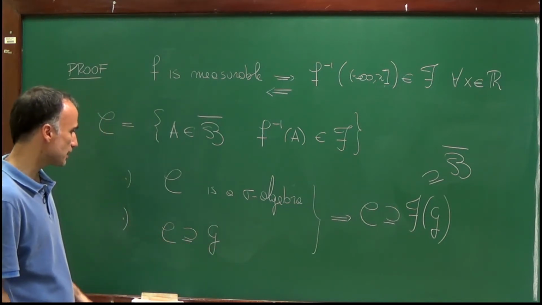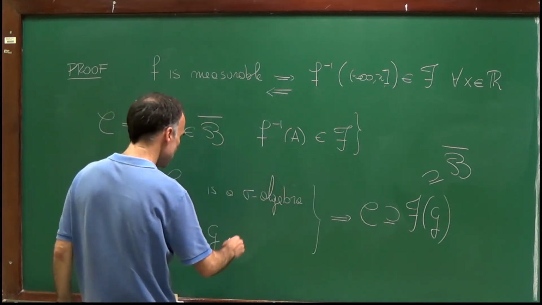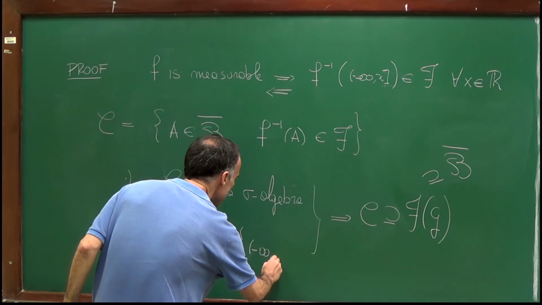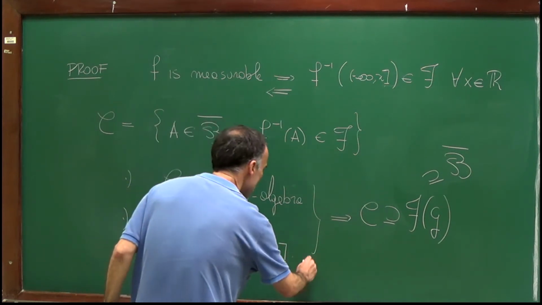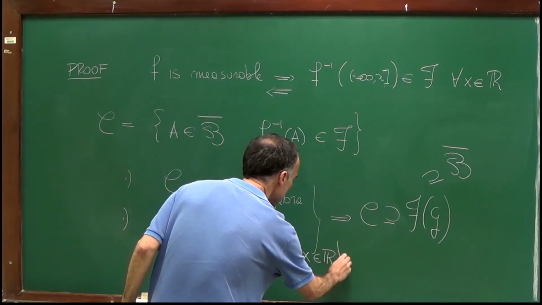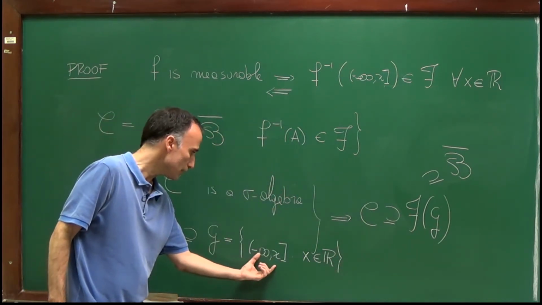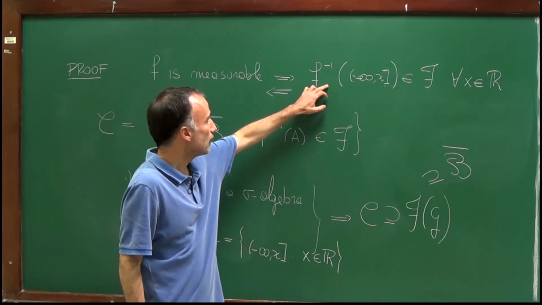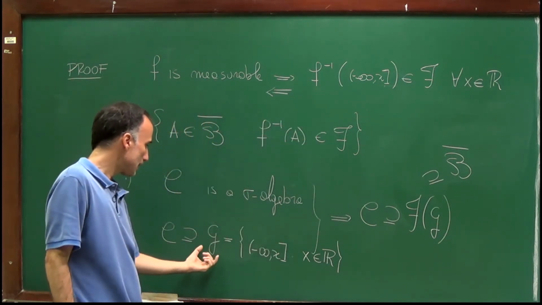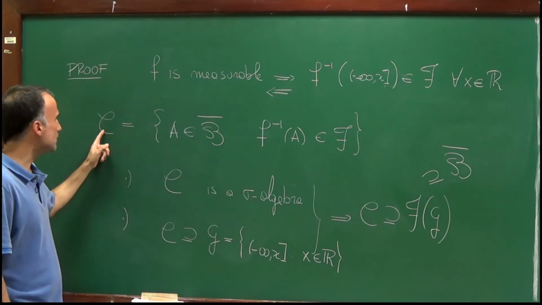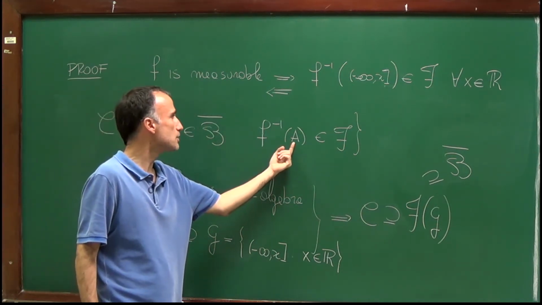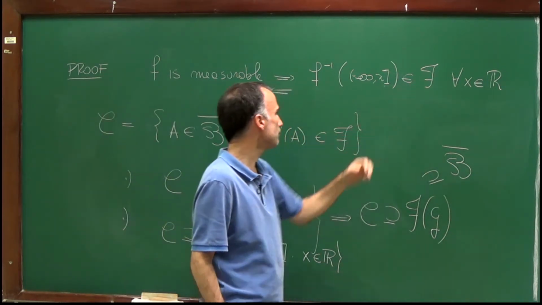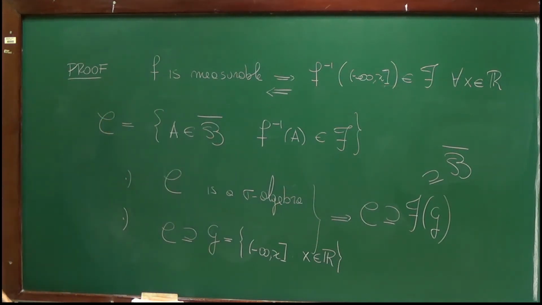So here the family G is clear. The family G will be the family of sets (minus infinity, x] such that x belongs to R. So let me represent all intervals (minus infinity, x] with x in R as G. By assumption, this class of sets G is contained in C, because the inverse images by F of these sets are in the sigma algebra F, and they all belong to the extended Borel sigma algebra.